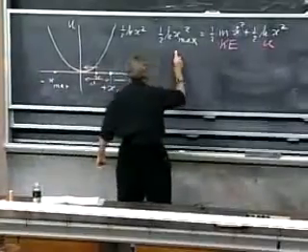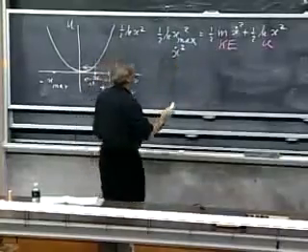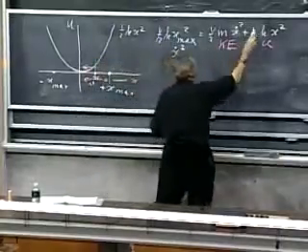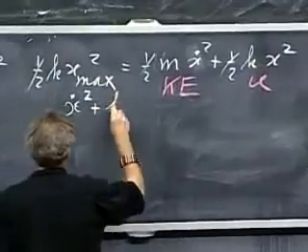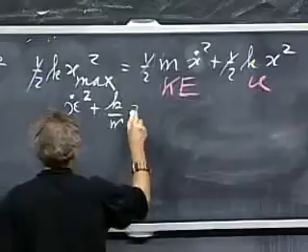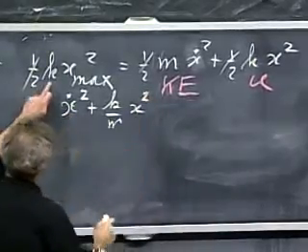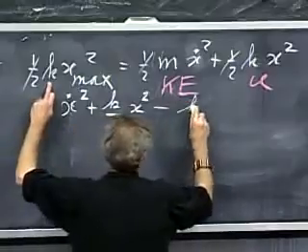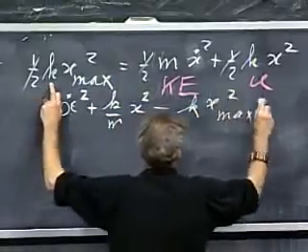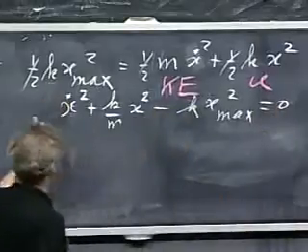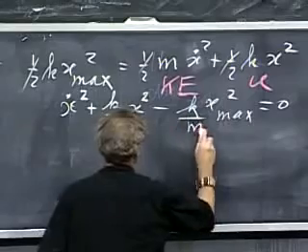I bring the x dot squared to one side, my halves go away and I divide by m. So I get plus k over m times x squared, and then minus k over m times x max squared equals 0. Did I do that right? Yes. I divide, oh, there's an m here, and the m has to be here.